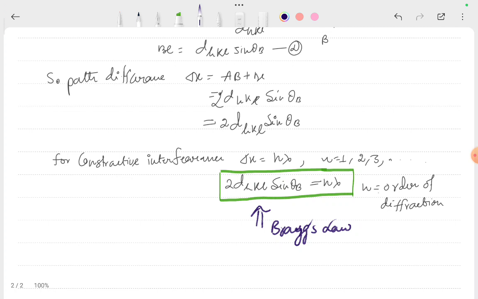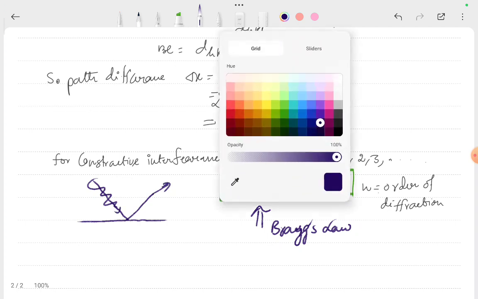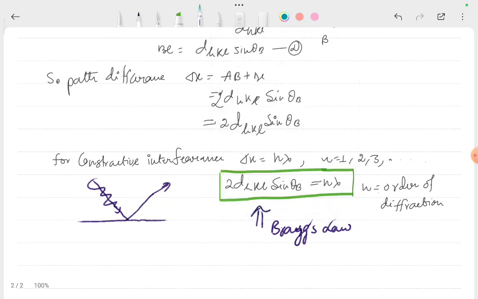Be careful, this is the plane of the crystals, and this is the X-ray incident on it. The angle is measured from the crystal plane. Okay, this is Bragg's law for crystal diffraction.